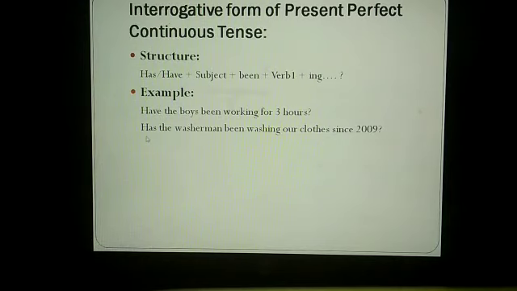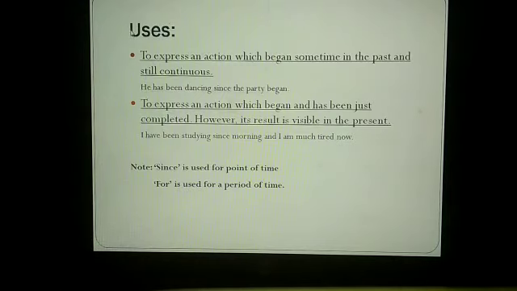These are the examples. Now we use this tense to express an action which began sometime in the past and is still continuing. Example: he has been dancing since the party began. It means he was dancing and now he is dancing, and he started dancing when the party began.